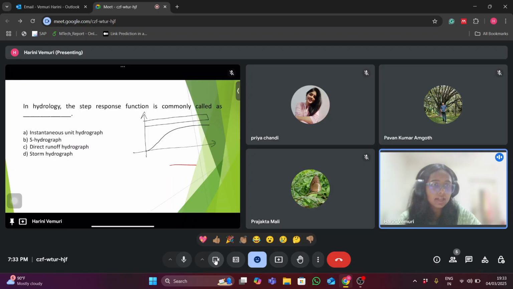Here the input is excess rainfall, which has an intensity of 1 centimeter per hour, and this kind of input is called a step function, a step input. For this, the response generated by the catchment is our step response function. So in this case, the S hydrograph is the step response function in hydrology.